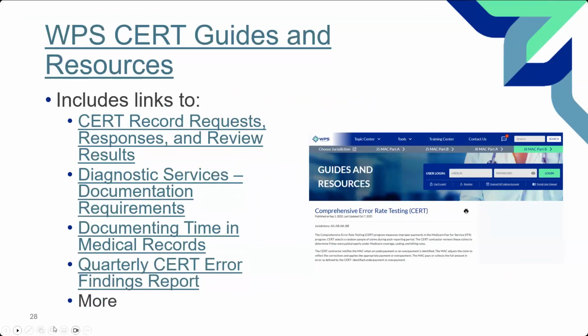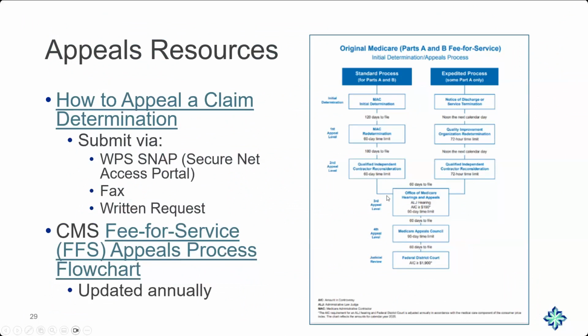Okay. All right. I mentioned to you that a CERT review is appealable. This is a very handy chart that I like to use. It's actually a CMS publication. I'm going to open it. Oh, if I can get to it from here.